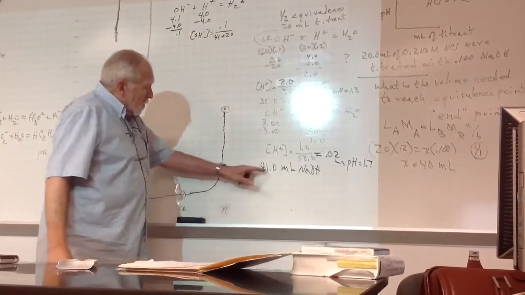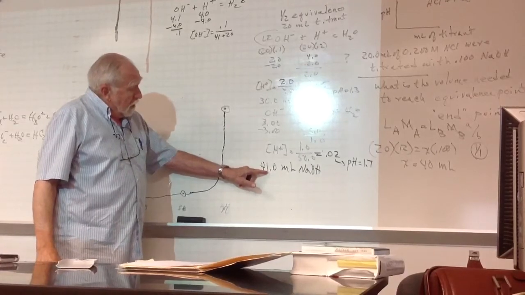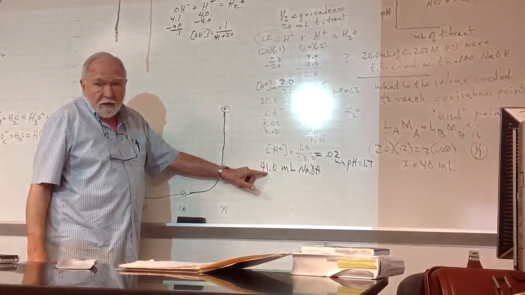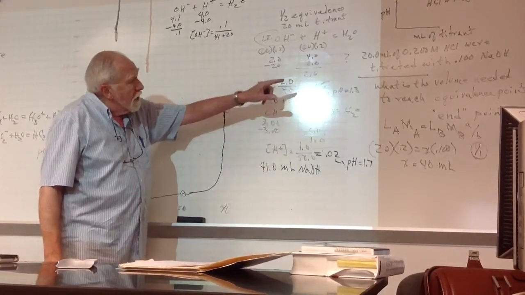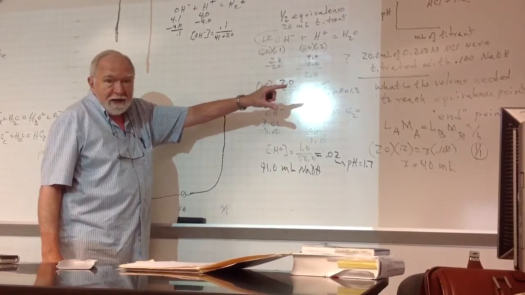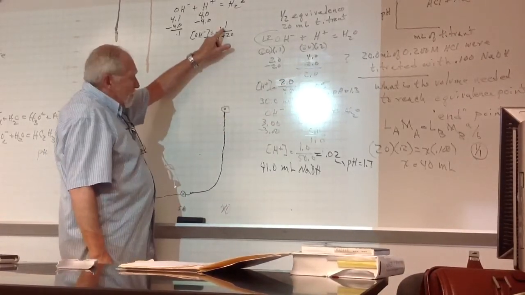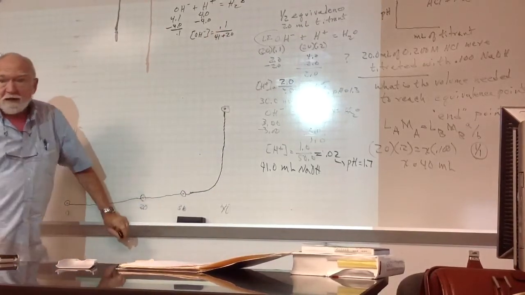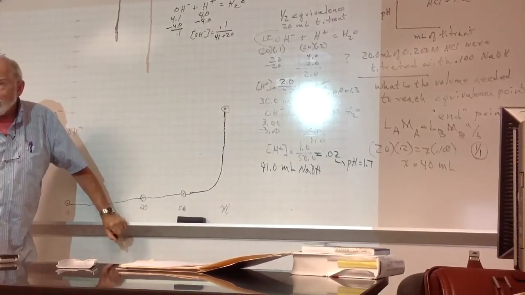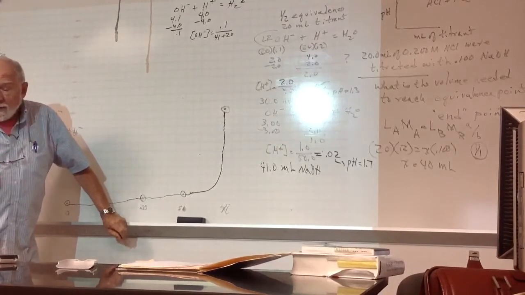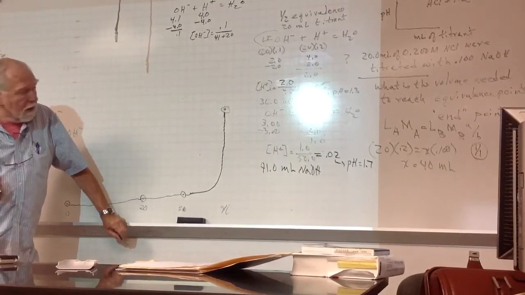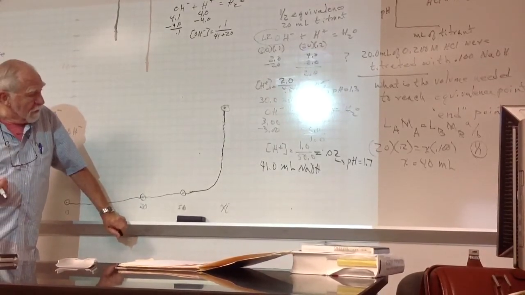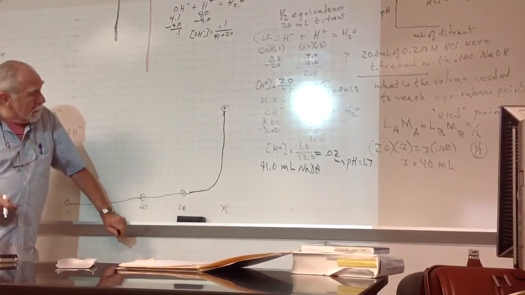Notice the other thing you could have simply said was, you have 1 milliliter excess NaOH times the 0.1 molar for NaOH. 1 times 0.1 gives you 0.1, so you just calculate it directly from the excess volume of the NaOH. You get the same number either way, so it doesn't really matter which way you do it.